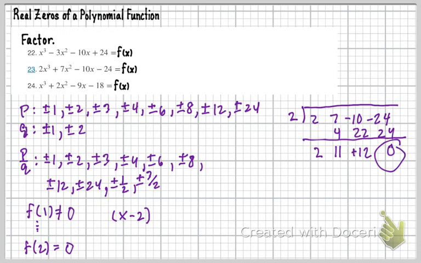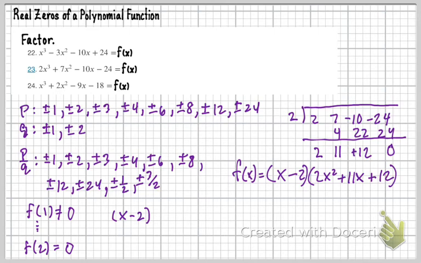If the 2 is not a 0 for it, I would get some other number than 0 for the remainder. So this is going to give me 2x squared plus 11x plus 12. And I know that my other factor is x minus 2. So I factored it somewhat already, not completely, but more than it was.